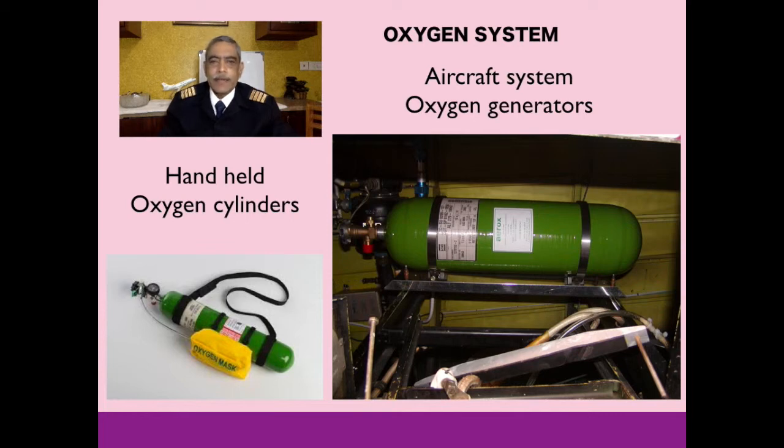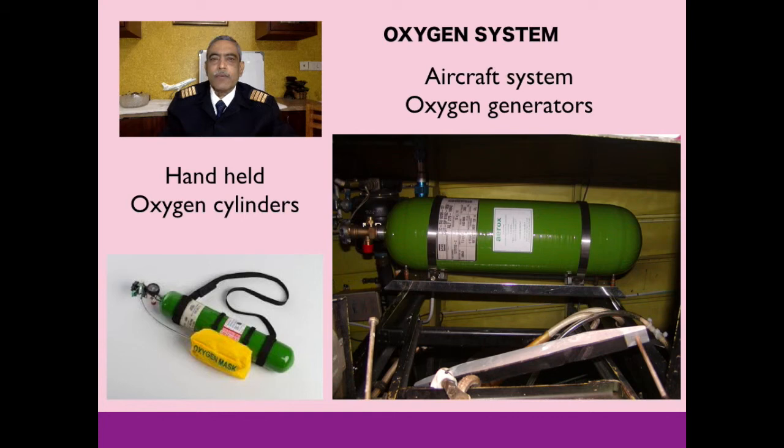In addition, the crew have their separate oxygen systems, and there are handheld oxygen cylinders which are used by the cabin crew should there be any need for a passenger in some critical condition.